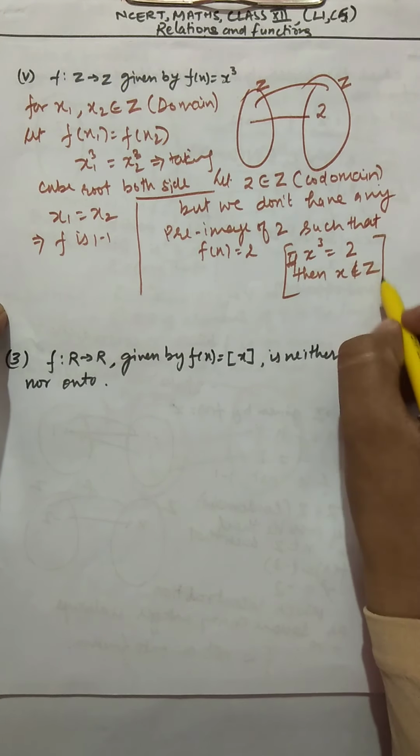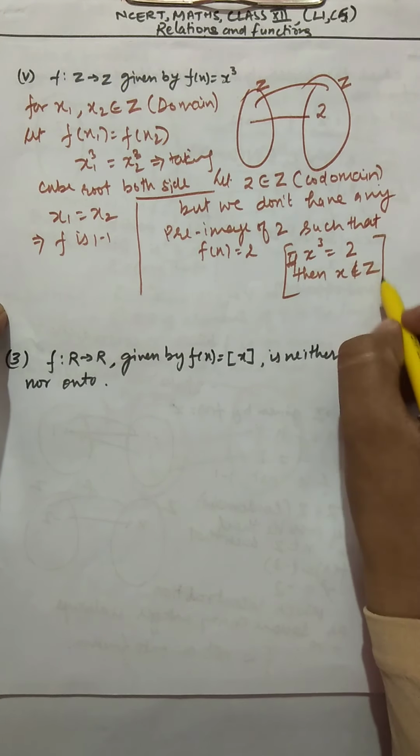Now question number 3: consider this function defined from real numbers to real numbers given by f(x) equal to the greatest integer function; it is neither one-one nor onto. If I want to show that this is not one-one, we simply take an example: f(1.1) is equal to f(1.2). Why?